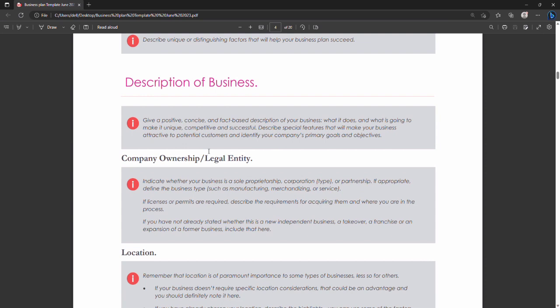Now, let's look at chapter 2, description of your business. This is very important. In this first paragraph, you have to write a problem statement, write a solution statement, and write what we can describe as features and functionalities.